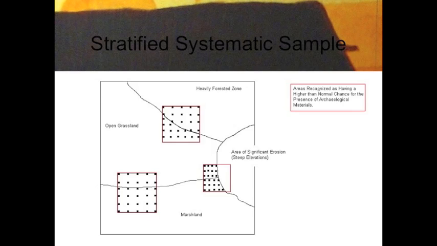As you can imagine, if you've ever had to dig into soils that were in a forested area, the problems arise when we run into quite a few roots. In this case, I would focus most of my sweat equity on that open grassland environment. It would be the most accessible, and in a sense, it would give us an understanding of what may be occurring in the forested zone or in the marshy area.